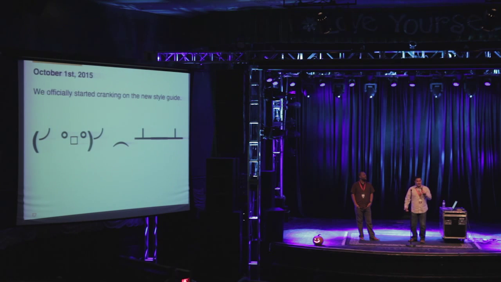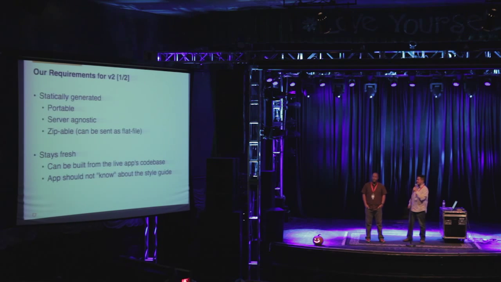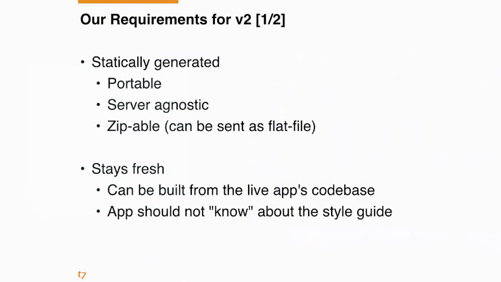So then this was me October 1st, taking what we had in the existing style guide and flipping the table. Here are our requirements. Like I said before, we're a consulting company, and a lot of times we have to hand off deliverables to our clients. So it's really important that whatever we generate is portable. We want to statically generate the style guide.